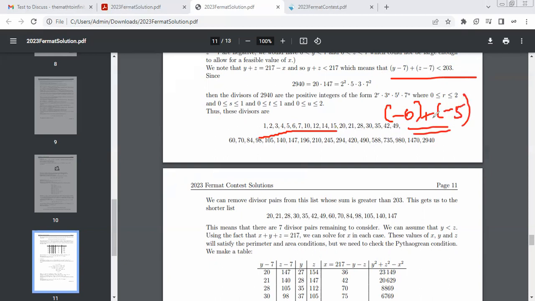So that would result in values in the form of negatives, isn't it? Like negative 6 and negative 5 would give me negative 11. I'm not supposed to have a negative integer. They have mentioned that it's supposed to be positive only. Do you understand that? Can you follow, Shana? Yeah.